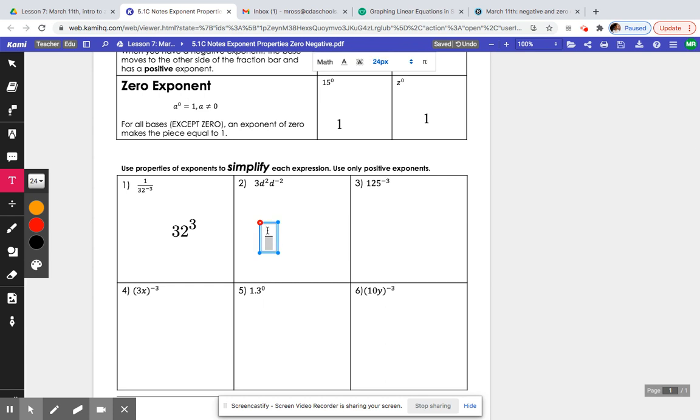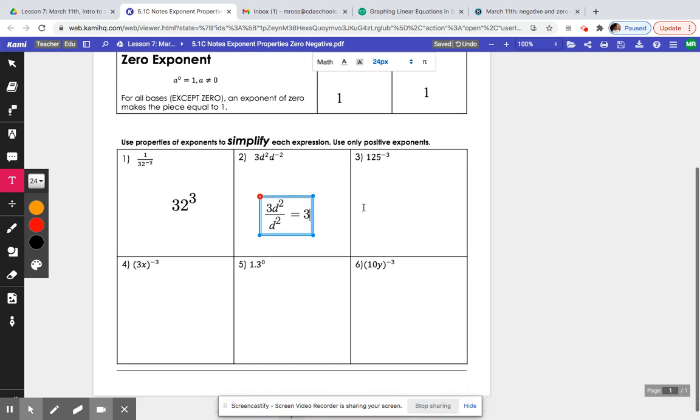We keep 3d to the second on top because those aren't negative, but the d to the negative 2 drops to the bottom and becomes a positive. Then we can simplify a little farther, because if we have 2 d's on top and 2 d's on bottom, we eliminate those and are left with a 3. Our answer here is just 3, which is kind of weird to look at, right? But we can talk about that more in the future.